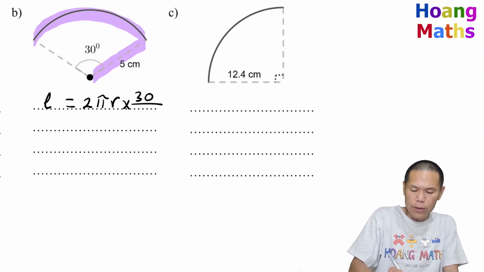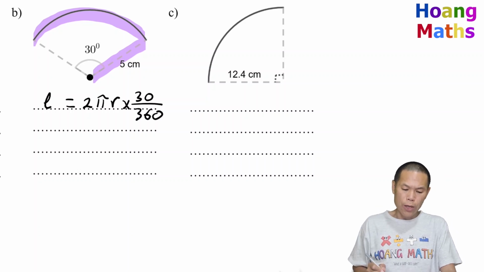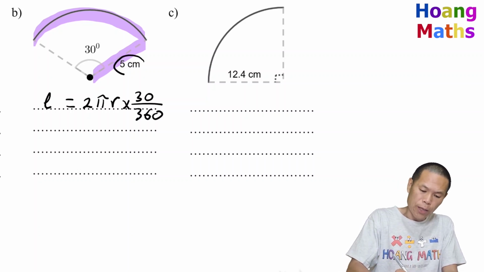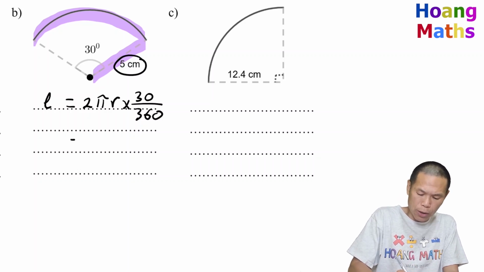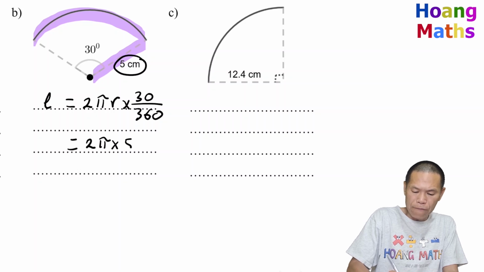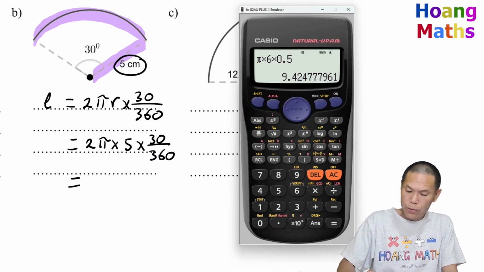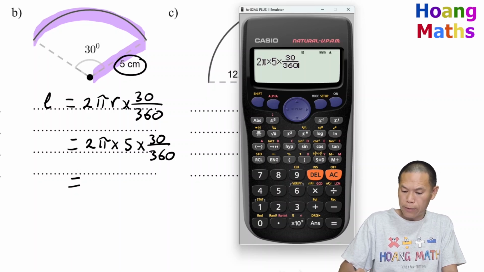So 30 divided by 360, that will do. We know that the radius is 5 centimeters, so r is 5. Now I just put that together: 2 pi times 5 times 30 over 360. So I just go 2 shift pi times 5 times 30 over 360.